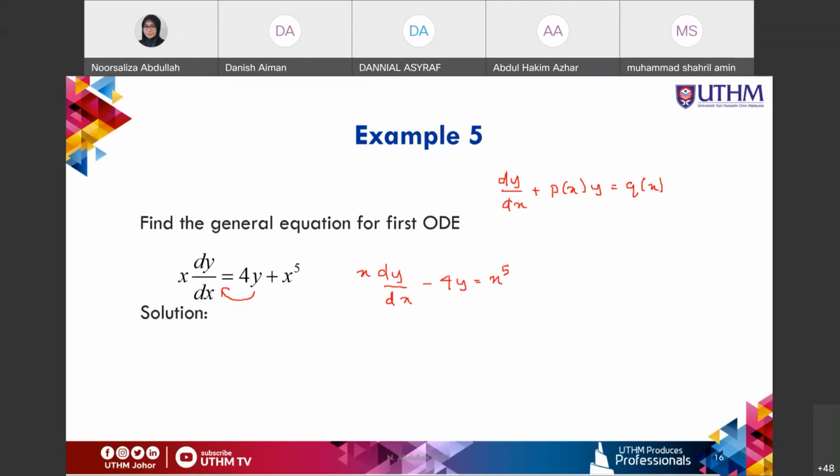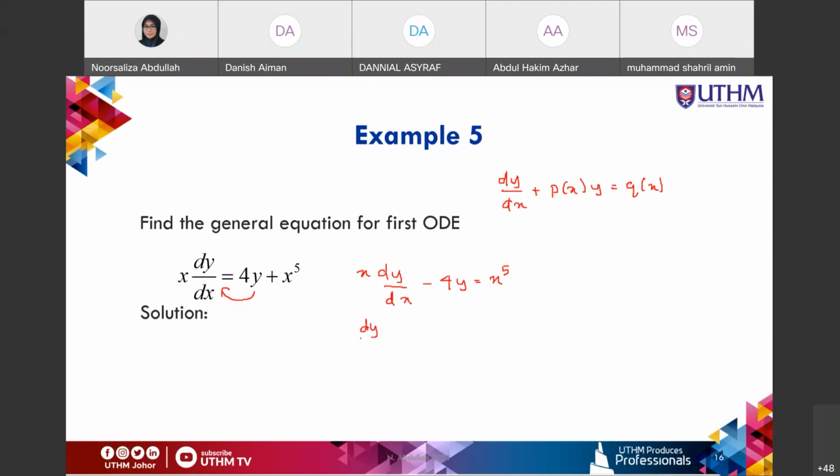Dah susun ke belum ni? Belum, sebab dia ada x kat depan ni kan? So you kena hilangkan x ni dulu. You bahagikan semua dengan x. You divide everything with x.